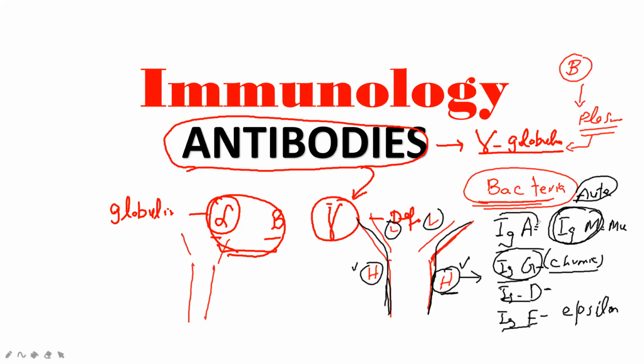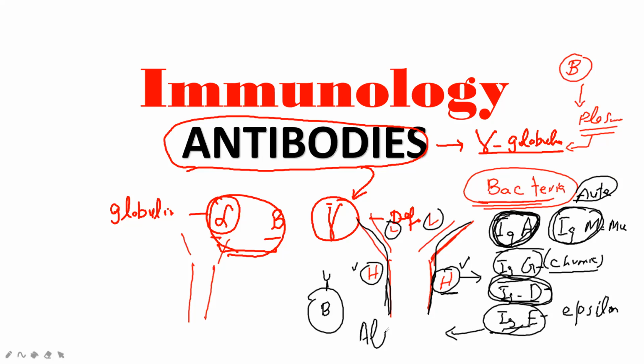IgA is a secretory antibody in the GIT mucosa and respiratory mucosa. How about IgD? IgD does not have much important role in our immunity. IgD just acts like a B cell receptor, to receive antigen. How about IgE? IgE is for allergy, with a very high level in allergic conditions.